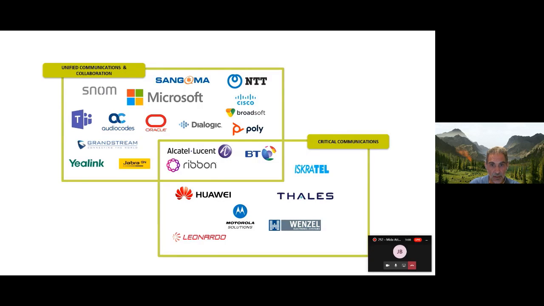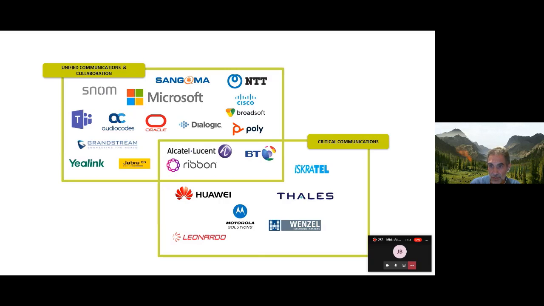Also, to give an idea of our partners, we like to group them into two broad subsets. Those that work mainly in the unified communication and collaboration field together with enterprises. And of course, you see Microsoft here, as well as many other names that you will for sure recognize. We also work with companies in the critical communication arena.